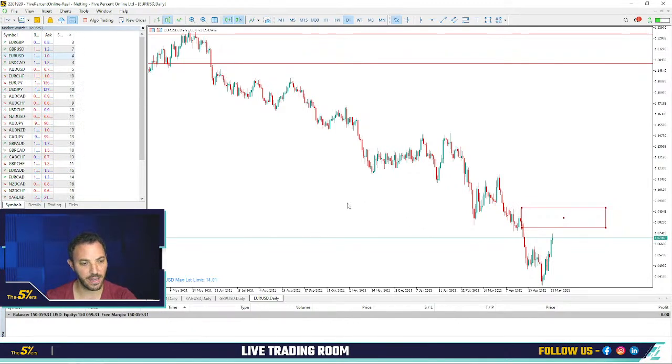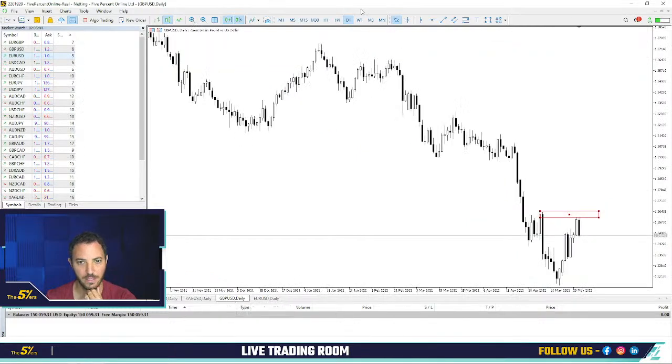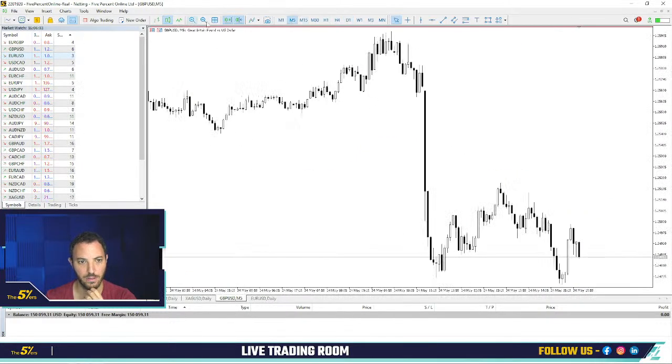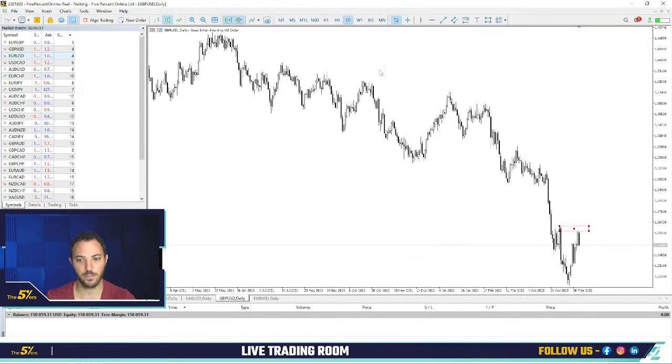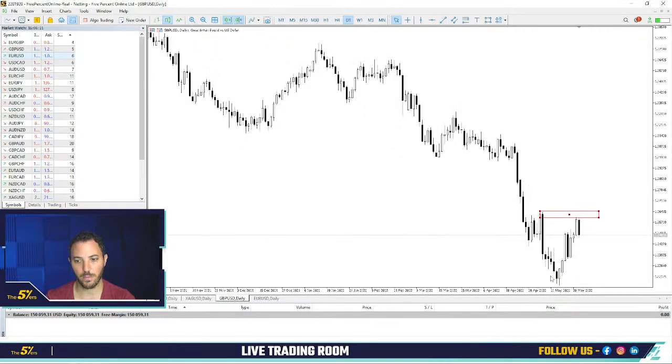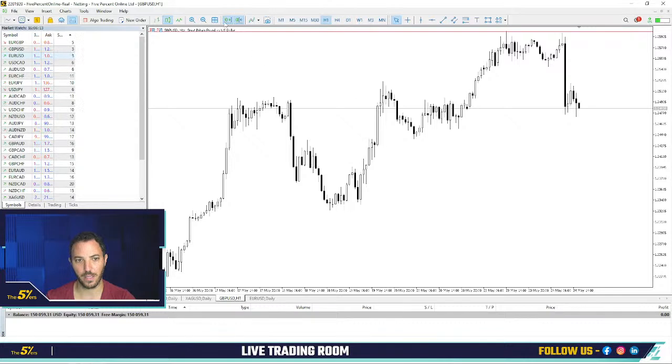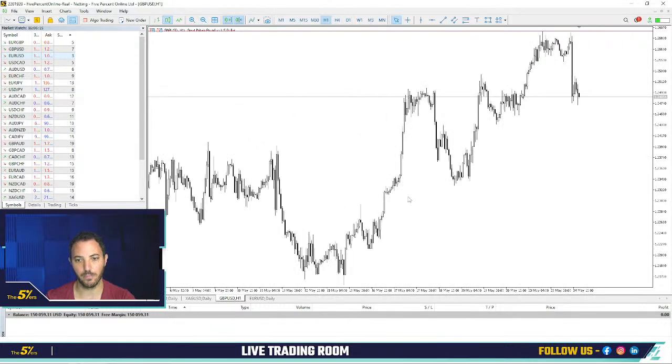It is a netting account, but we can trade with this. So let's see what's happening on the pound and let me do a little analysis here. We are coming from a very strong movement up. We had this demand, we retested, and we reached supply from that movement.